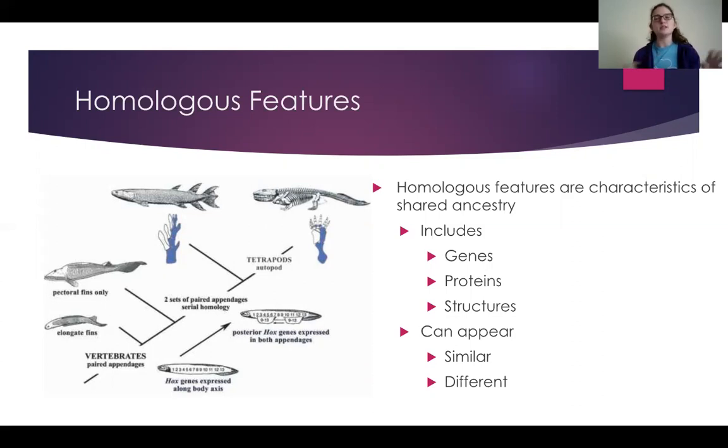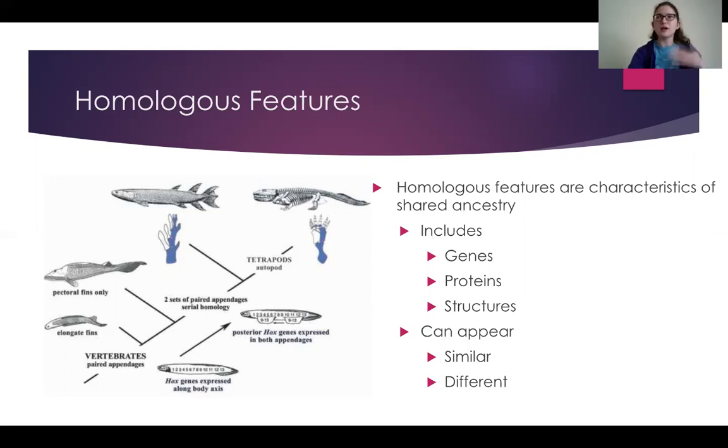So in that case, these structures would appear different. However, you can also say that our arms are homologous to the arms on a gorilla or a monkey or an alligator or a frog, and in those cases, those arm structures look very similar to one another. And so that's just an important aspect of homology to keep in mind.